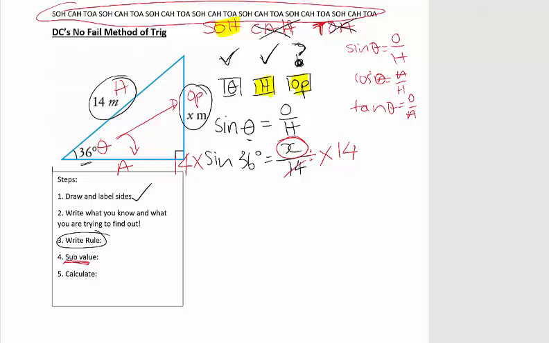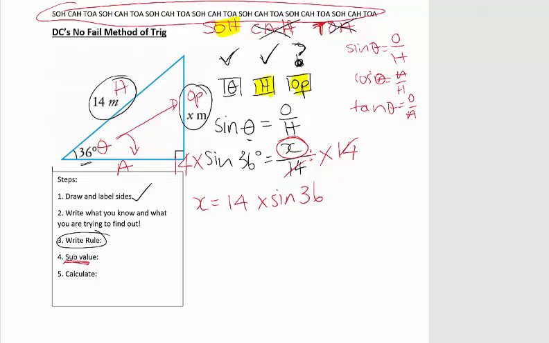So you'll see 14 times 14 leaves just x, so I'll rewrite it so you don't get confused. X equals 14 times sine 36. It's really important you write it in that order, because if you put sine 36 times 14 in your calculator, you're going to end up with the wrong answer.